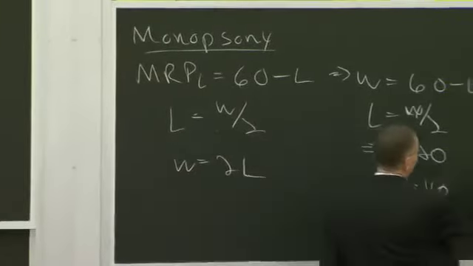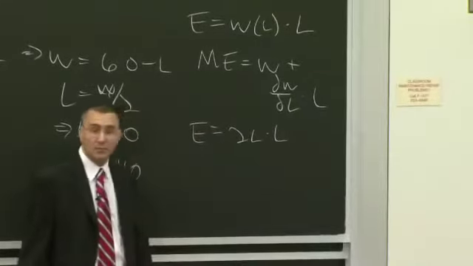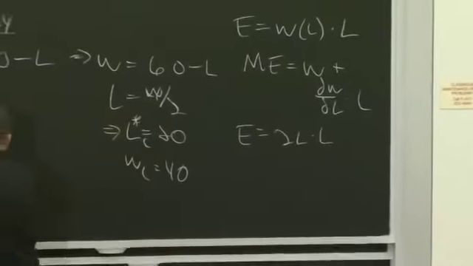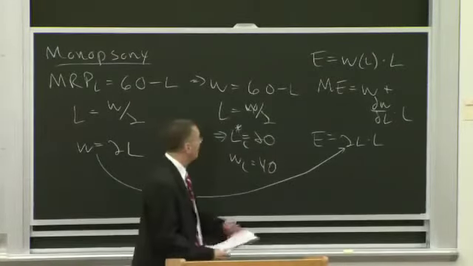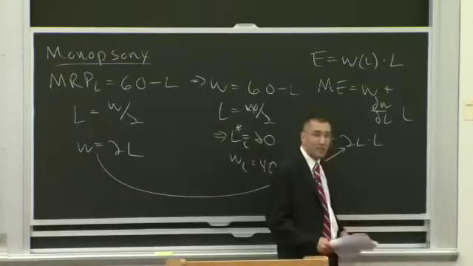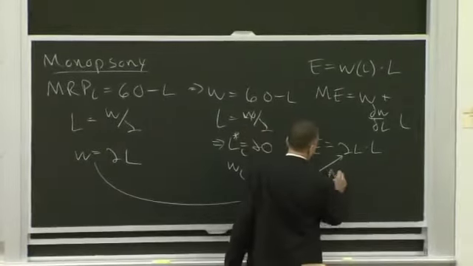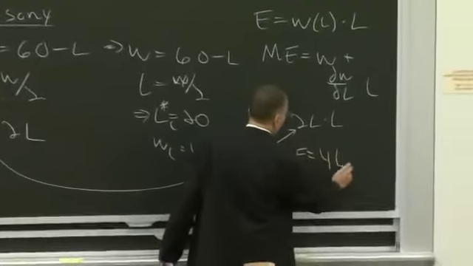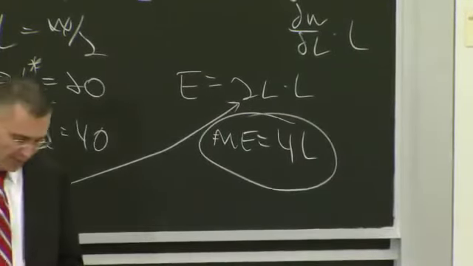So that says that the expenditure on labor is 2L times L. Okay, so plugging in from the supply curve, the expenditure on labor is 2L times L. Wage is a function of labor times labor, so 2L times L. So that means that marginal expenditure is 4L. The marginal expenditure is 4L.